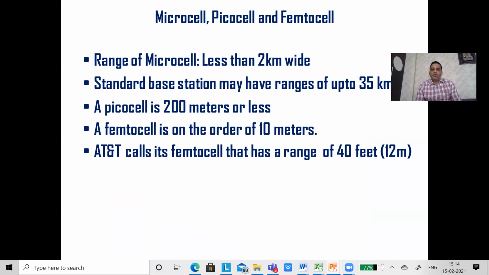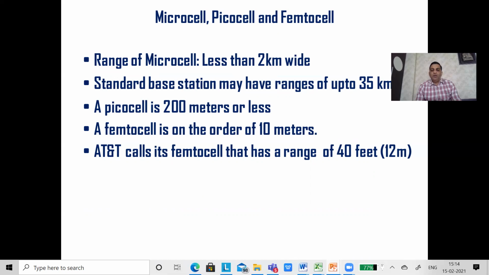Here we'll also come across the concept of picocells and femtocells. Particularly, when we're talking about microcells, they have a range of less than 2 kilometers wide. A standard base station may have ranges up to 35 kilometers. A picocell is 200 meters or less. A femtocell is on the order of 10 meters.